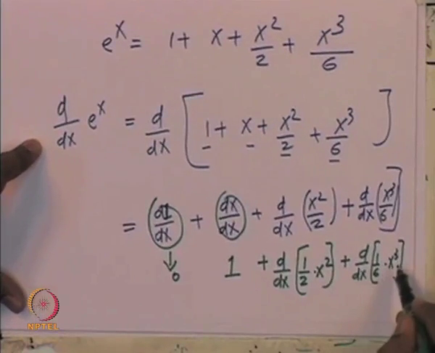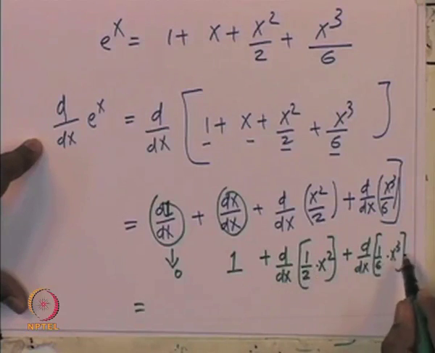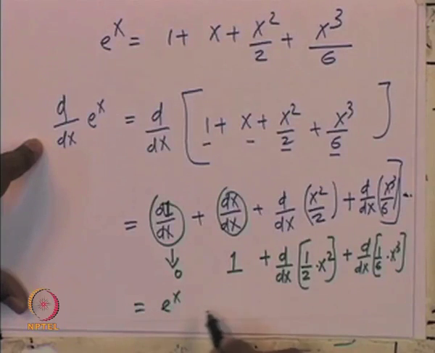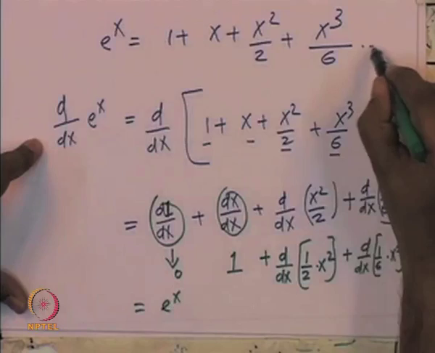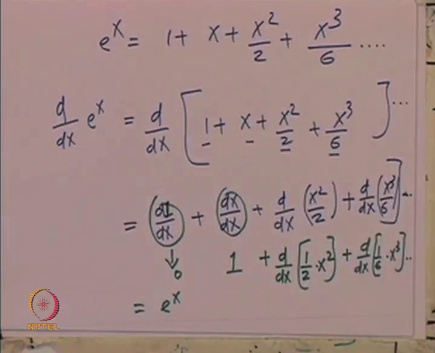So, you can use this product rule like d by dx of a times x square and d by dx of a times x cube, and you will see that finally you will get the answer e power x itself. By using the idea of infinite series, you will get e power x itself.